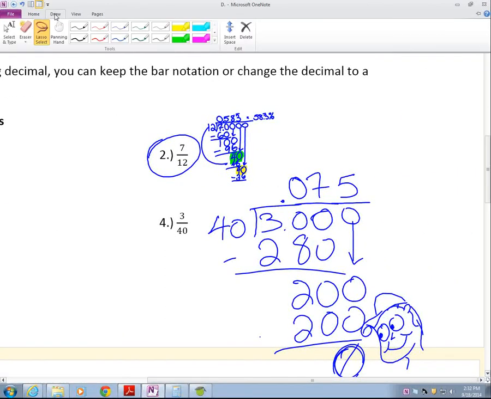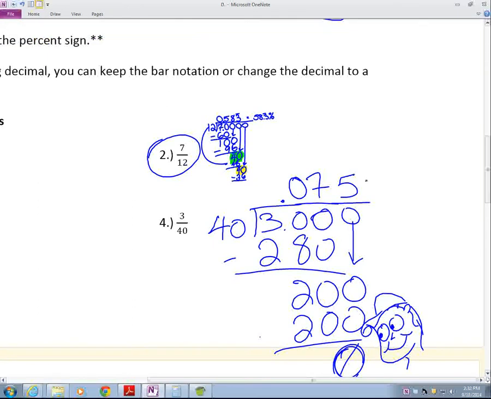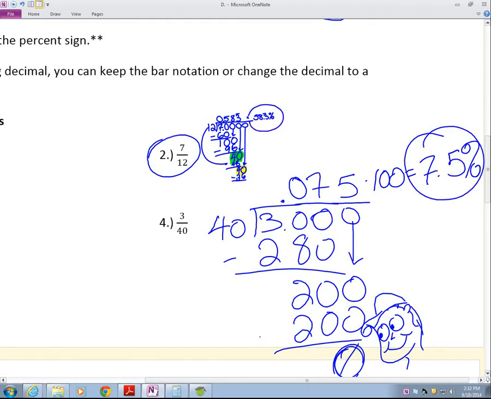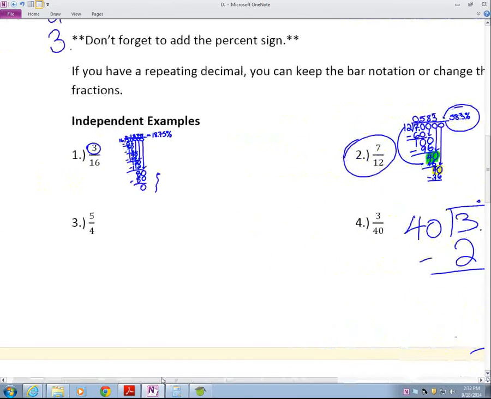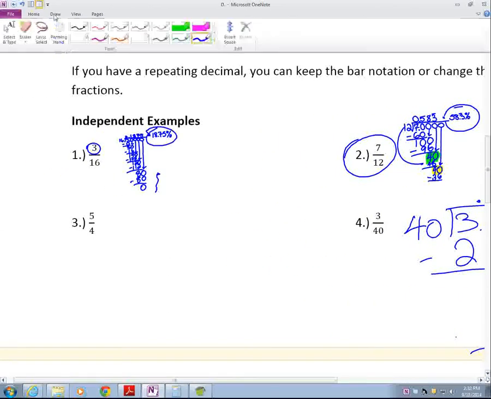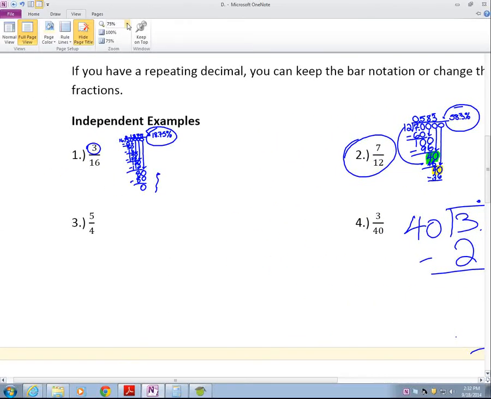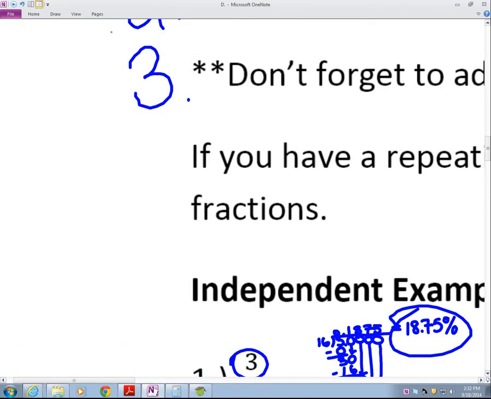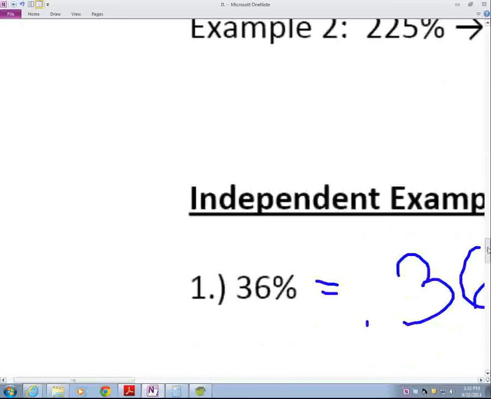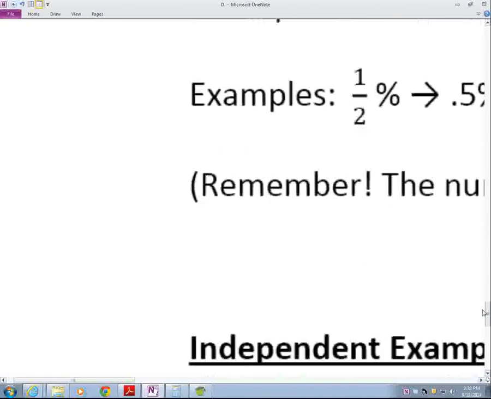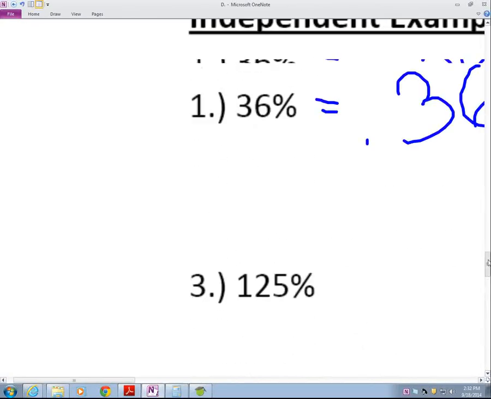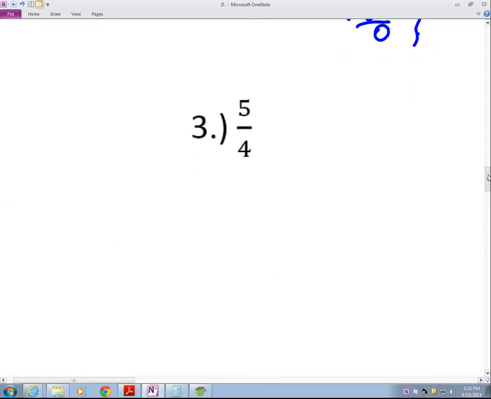Nope, not 75%. There you go. Okay, number 3. Did we get that far yet?